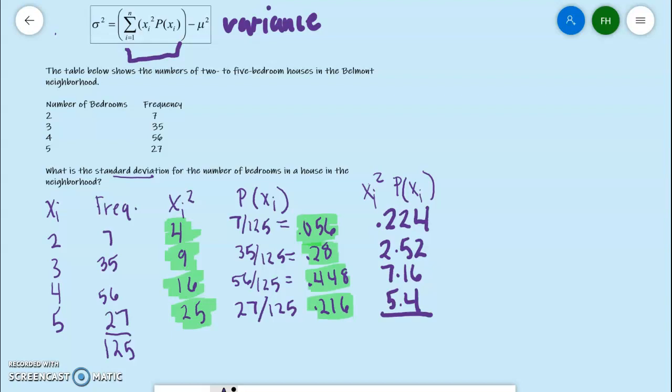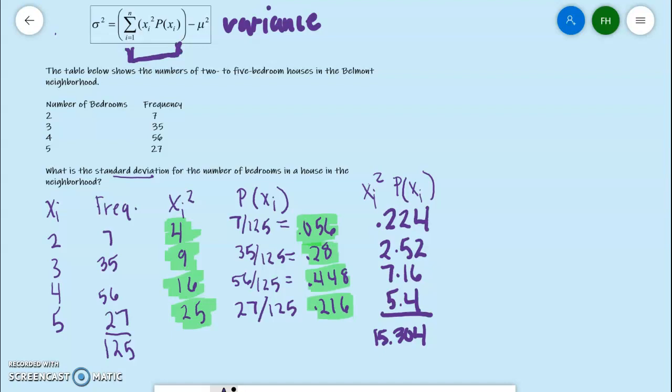So when you sum those, you get 15.304, and that is your first chunk here.